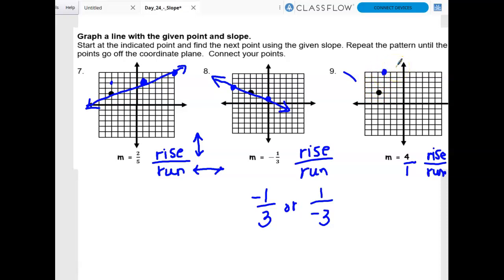This line's going to be a little bit steeper because it is a whole number, okay? And in the case of this graph, I've already run out of space, so I can actually think of this as a negative 4 over negative 1 for a rise. So I could go down 4, 1, 2, 3, 4, and left 1, because a negative divided by a negative is still a positive. All right, so there's our line.